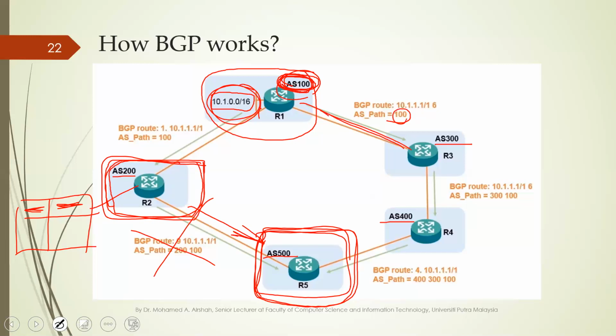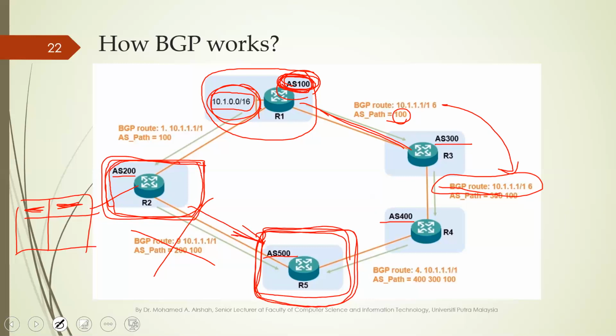Then this BGP router's IP address is 10. Oh, sorry, this one is also correct. I got confused a little bit, sorry for that. This router will replace this IP address.